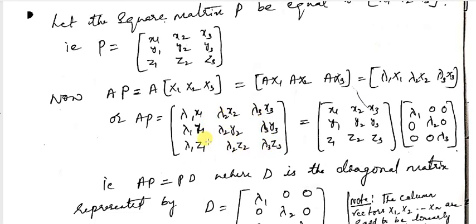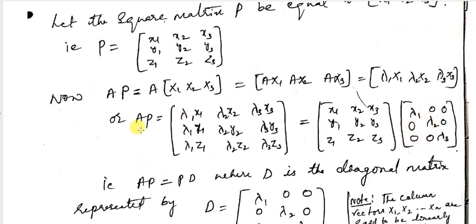So this is a product of A into P, which can be written as the matrix x1, x2, x3, y1, y2, y3, z1, z2, z3 into the matrix lambda 1 0 0, 0 lambda 2 0, 0 0 lambda 3.